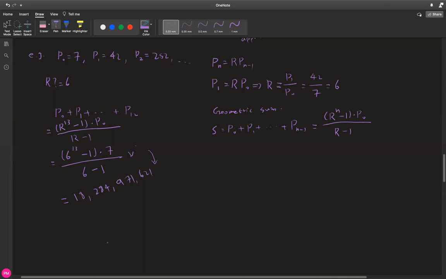So let's actually do one last example before I call it a day. Let's do the same type of example, but now with different numbers.